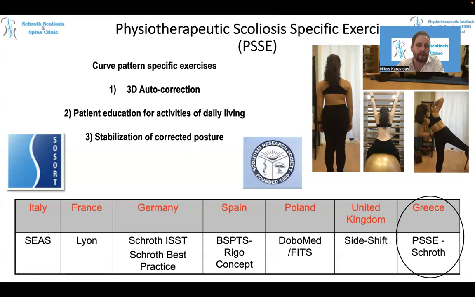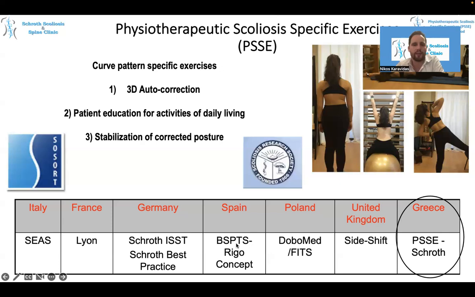And as you can see, there are many approaches coming from different countries. So we have the SEAS from Italy, Lyon from France, International Schroth Scoliosis Treatment from Germany, and Schroth Best Practice as well.